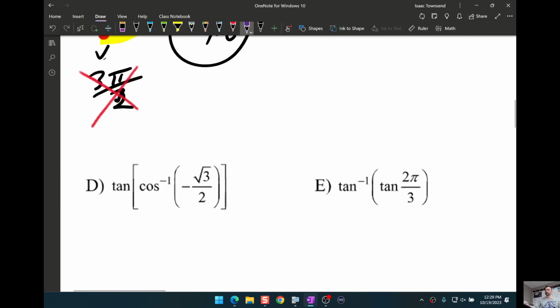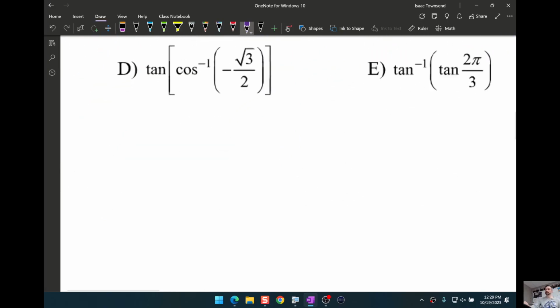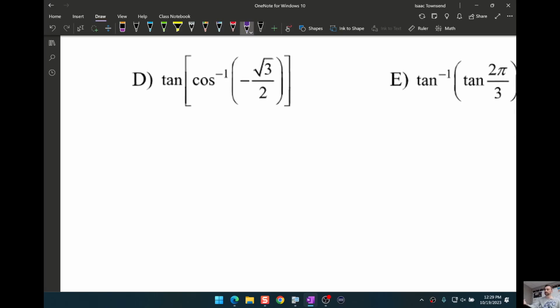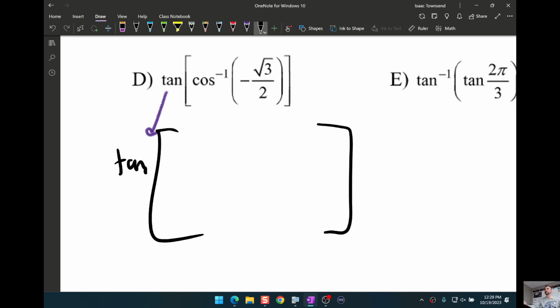Okay, on D, this is one with 2 layers, but like we saw in the notes, it doesn't really matter. We'll just worry about tangent later, and we'll do this part first. Does negative square root of 3 over 2 sound like something from the unit circle?